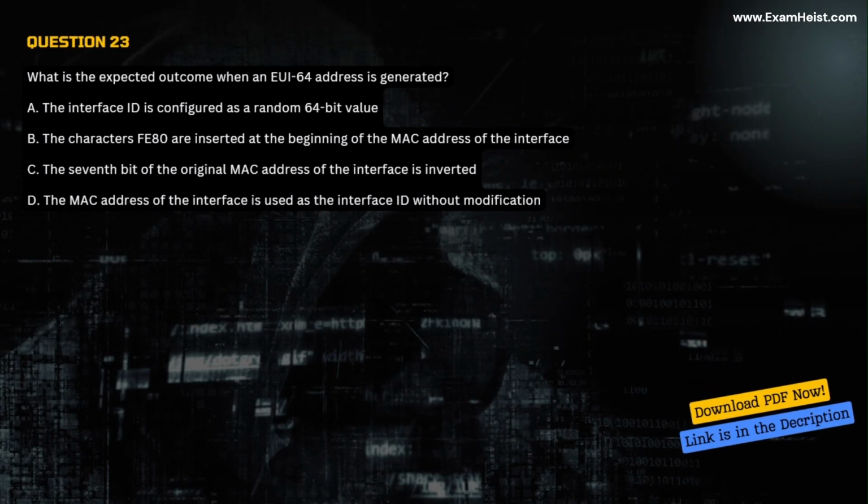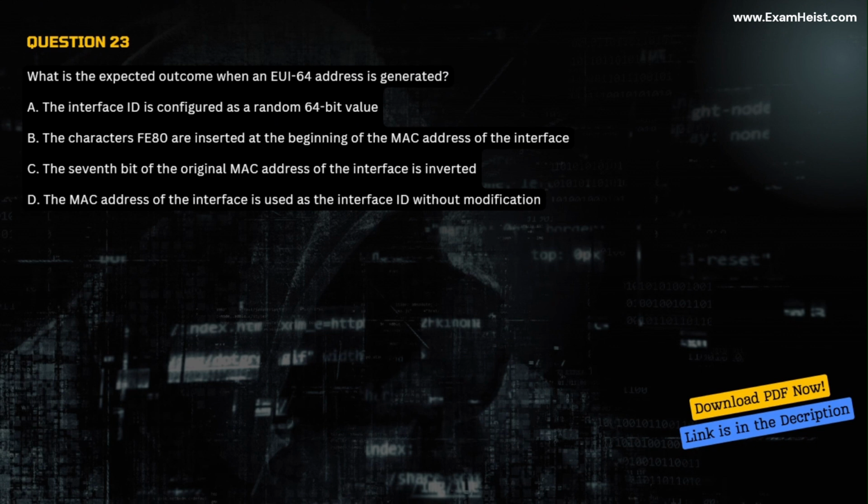Question 23. What is the expected outcome when an EUI-64 address is generated? A. The interface ID is configured as a random 64-bit value. B. The characters FE80 are inserted at the beginning of the MAC address of the interface. C. The 7th bit of the original MAC address of the interface is inverted.